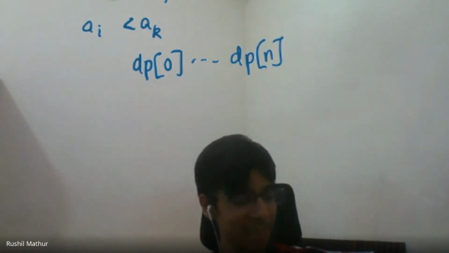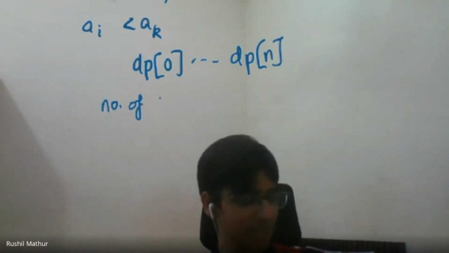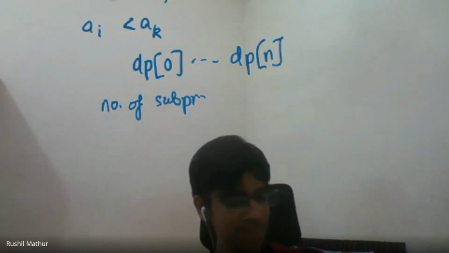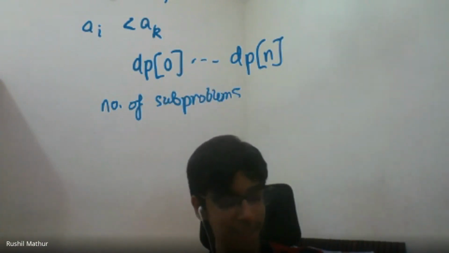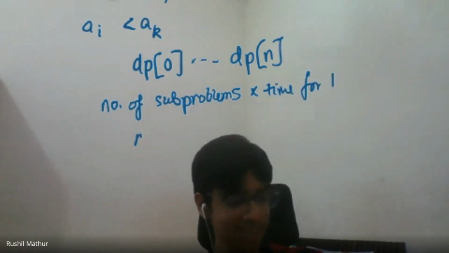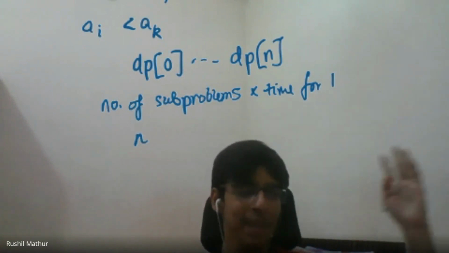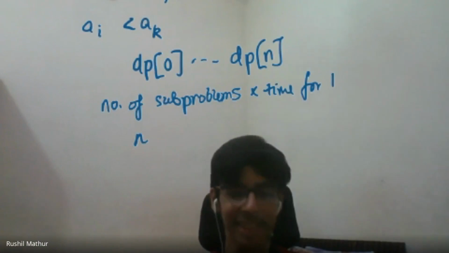Basically, in dynamic programming, time complexity is given by the number of sub-problems times the time each sub-problem takes. The number of subproblems here is n, because there are dp0 to dpn, and at the end you also have to find the max, but that's okay, that just takes n steps.